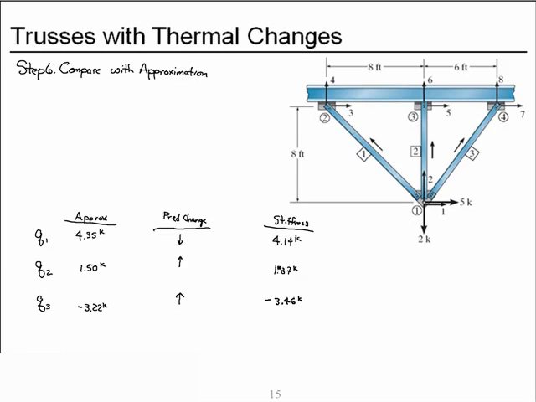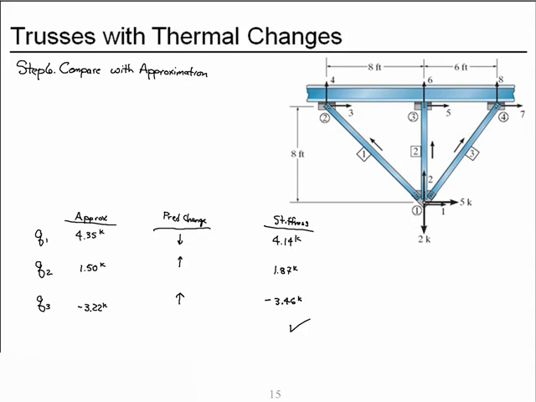The stiffness result for force in member 2 is a slight increase over the approximate result, and the stiffness result for force in member 3 is slightly more compressive than our approximate result. So these results all check, and we can conclude that we have a reasonable prediction of the member forces for this truss subjected to these loads and a temperature increase.